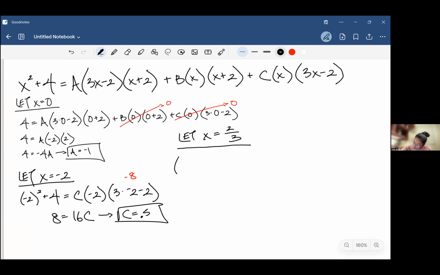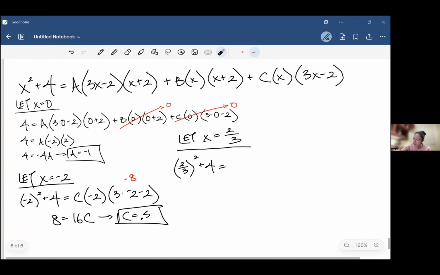So I'm going to plug in the 2/3 squared plus 4 equals, okay, the a term is going to go away because 3x minus 2 is going to go to 0. And my c term is going to go away for the same reason. The only thing I need to plug in here is for b. So b times 2/3 times 2/3 plus 2.